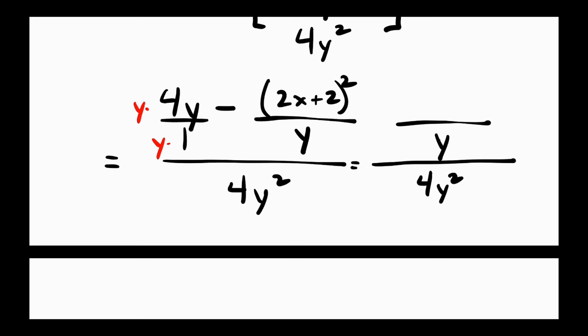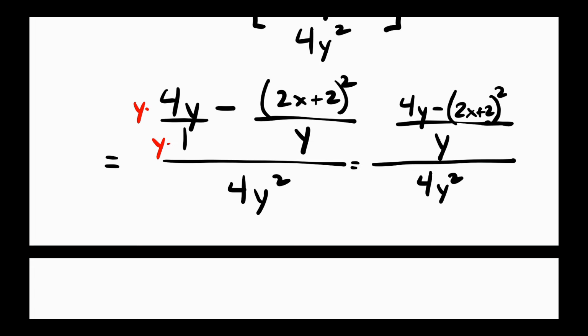So the bottom's going to be just y. The top will be 4y minus 2x plus 2 squared. Still have a fraction on top of a fraction, but at least it's one term over one term.